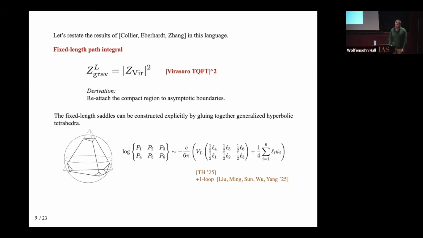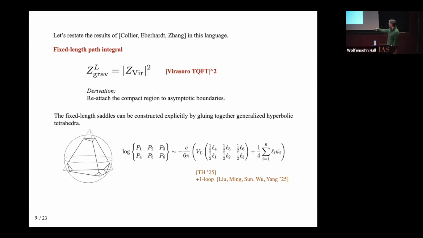The fixed length saddles can be constructed explicitly by gluing together generalized hyperbolic tetrahedra. So a generalized hyperbolic tetrahedra is a shape that looks like this. It's a polyhedron with 8 faces that's obtained by taking a tetrahedron in hyperbolic space and chopping off the corners in some prescribed way.